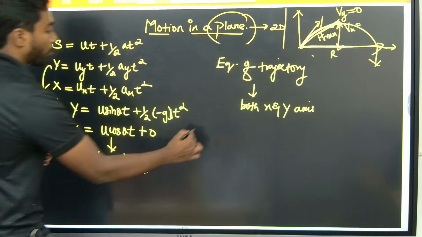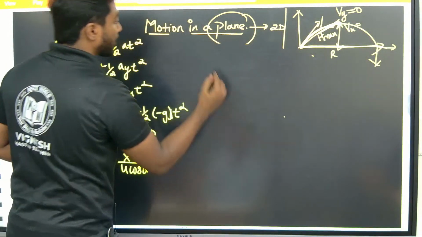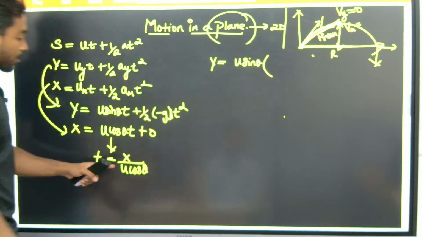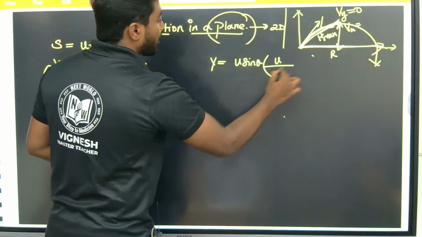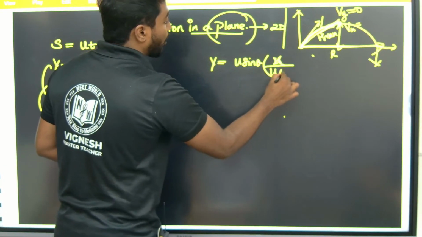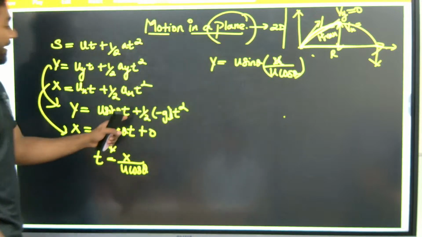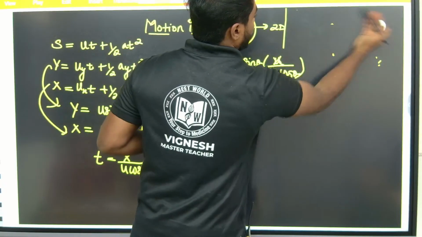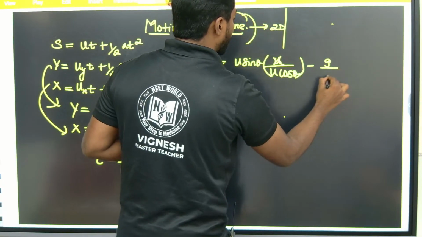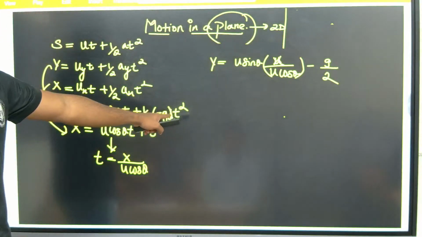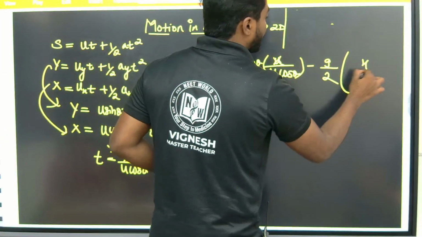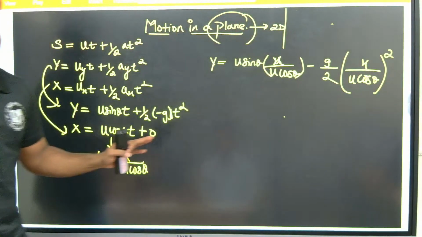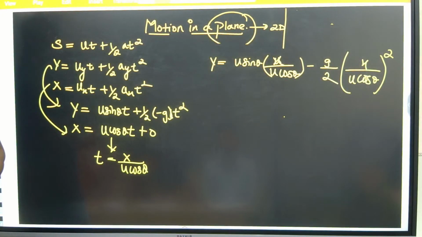So y equals to u sin theta into what is t? x by u cos theta, minus g by 2 into t square. What is t square? Again x by u cos theta the whole square. Got it?